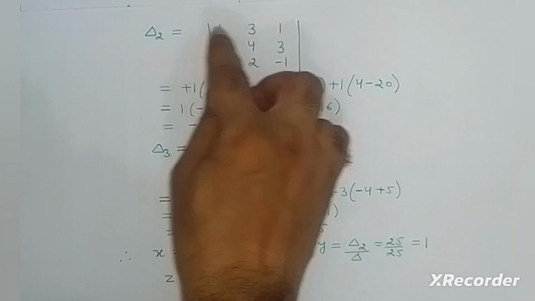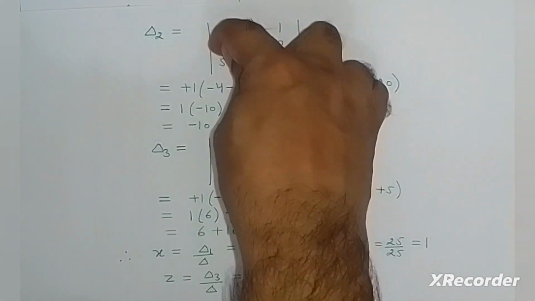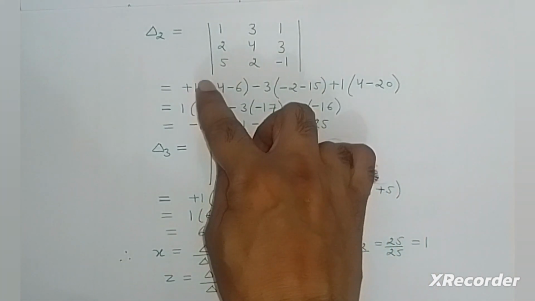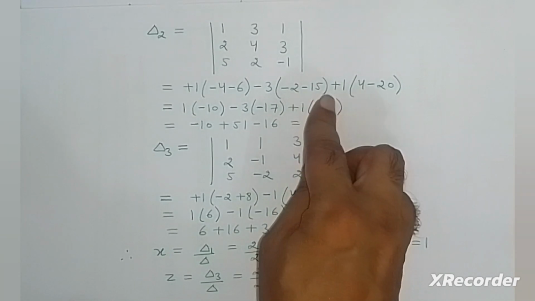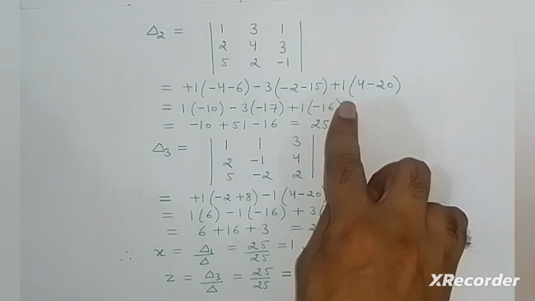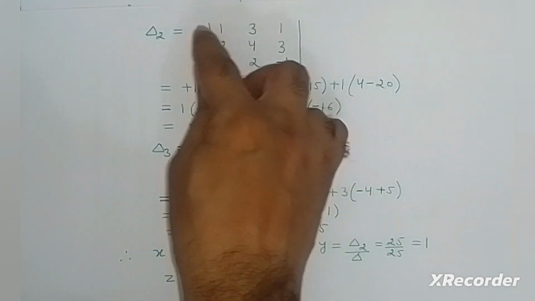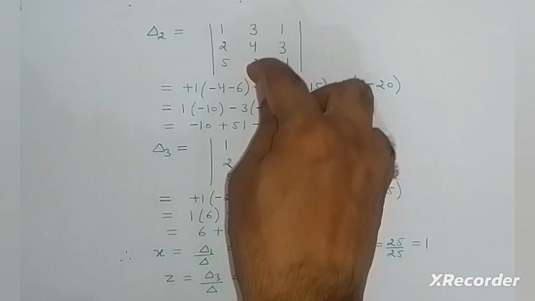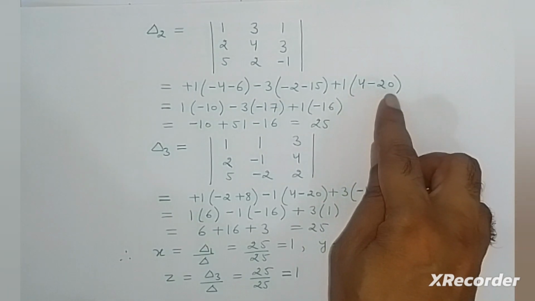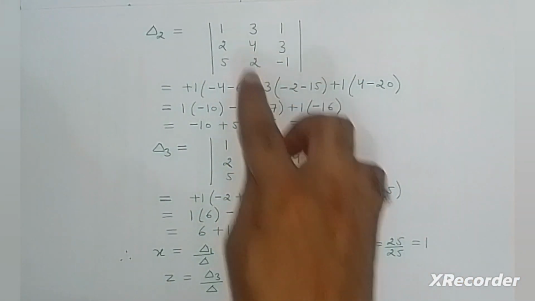Eliminate this column and this row, we multiply 2 into minus 1, that is minus 2, 5 into 3 is 15, because we have to subtract, change the sign, minus 15. Then the value plus 1, same value, eliminate this column and this row, multiply 2 into 2, that is 4, and 5 into 4, that is minus 20, because we have to subtract this.